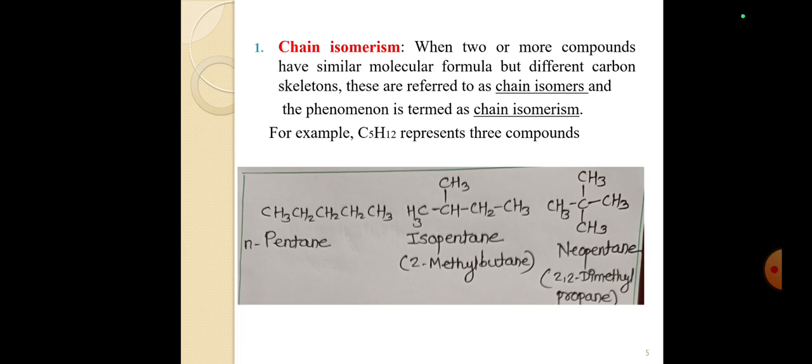Moving to neopentane, you can see all the valencies of the carbon are occupied with 4 methyl groups, or same or different alkyl groups, you can say. So the carbon should be attached with 4 more carbon atoms. Then we call it neopentane, in which a quaternary carbon is there. The IUPAC name of this compound is 2,2-dimethylpropane. So this is chain isomerism. These three compounds are chain isomers of each other.